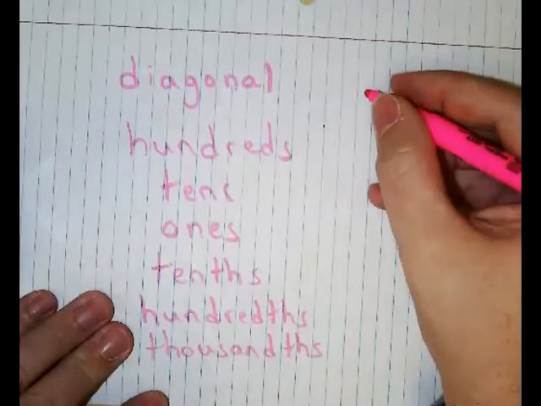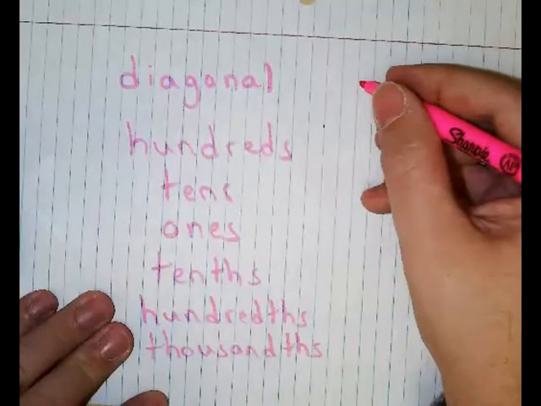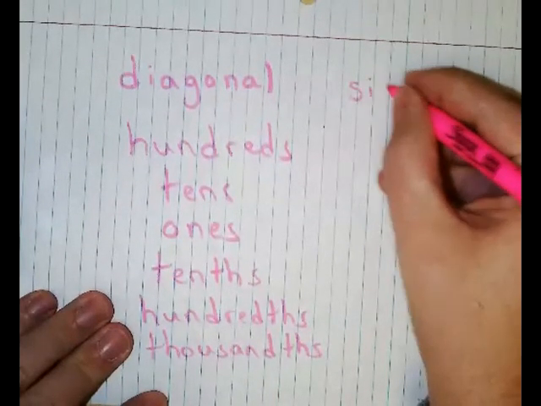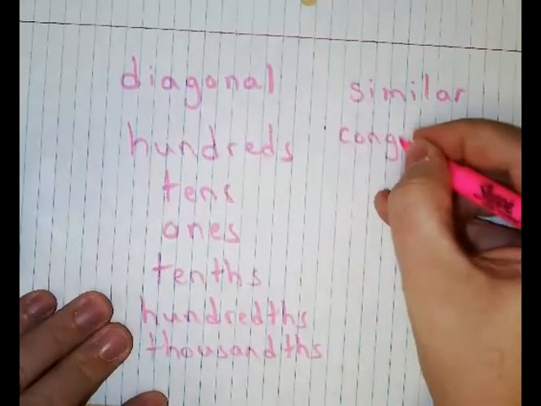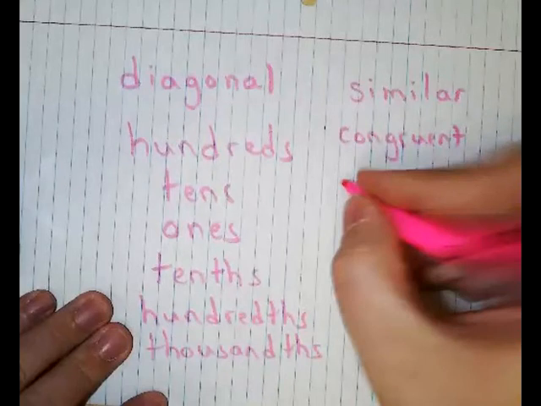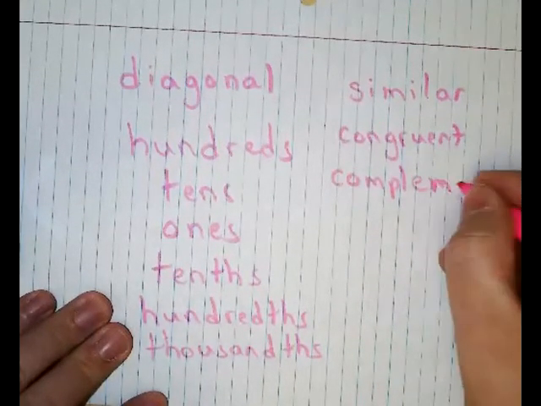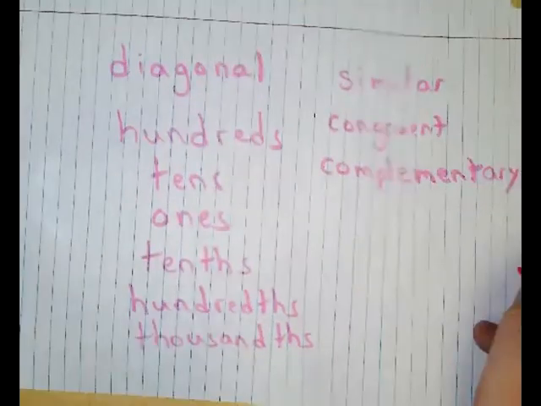Similarly, in geometry, along with diagonal, we have lots of vocabulary words that truly need to be spelled correctly. Those include words like similar, congruent, complementary. And we talk about complementary angles. It's with an E. It's not the same compliment as if you tell someone that you like what they're wearing that day.